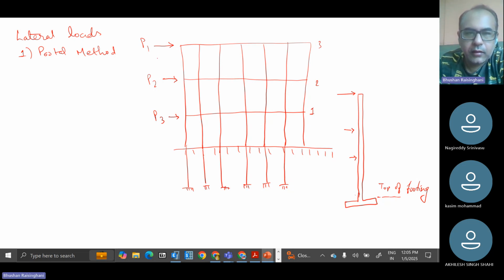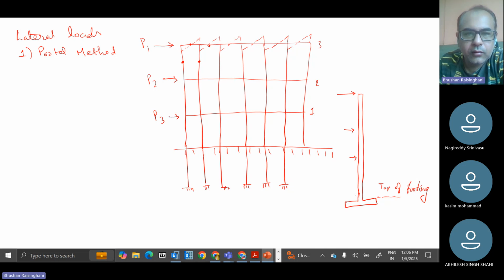One is the portal method, in which we assume that the zero moment is in the center of the column and the beam. That's why our bending moment diagram is something like this, always at the center and symmetric on both sides.